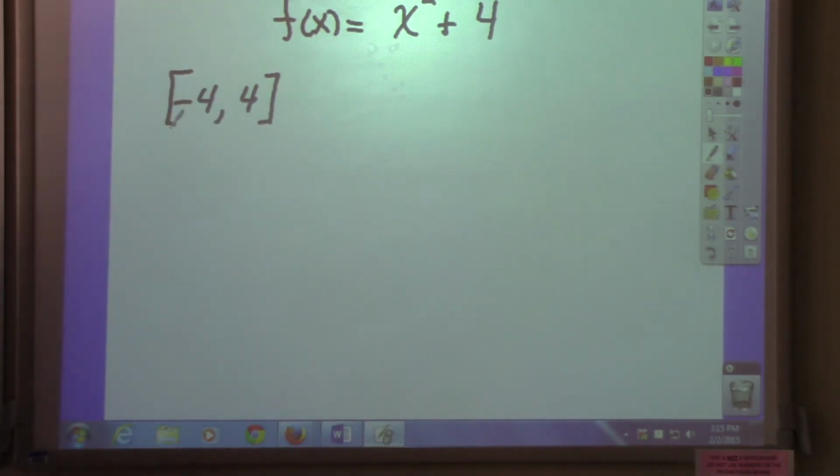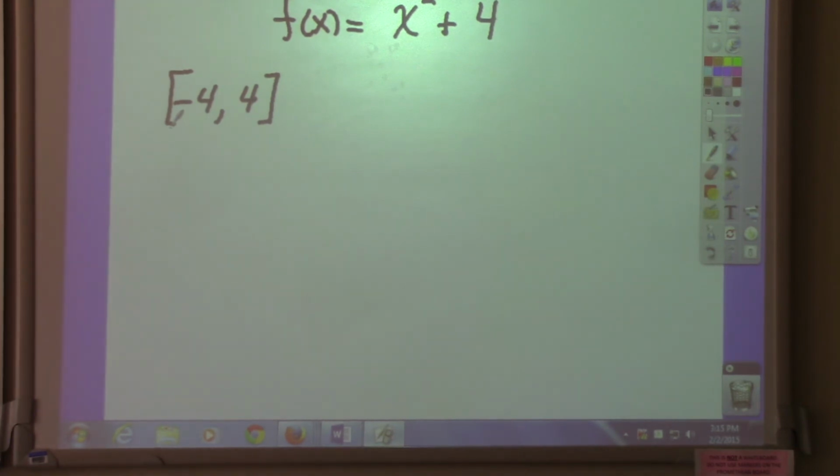And I tell you on the test or the homework, or the directions tell you, can you use 5? No, you cannot. Can you use 7? No. You can only use from -4 to +4. So in your world, there is no 7. There is no 14. There's only -4 to +4.